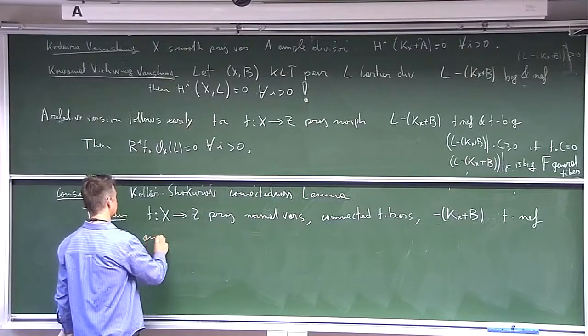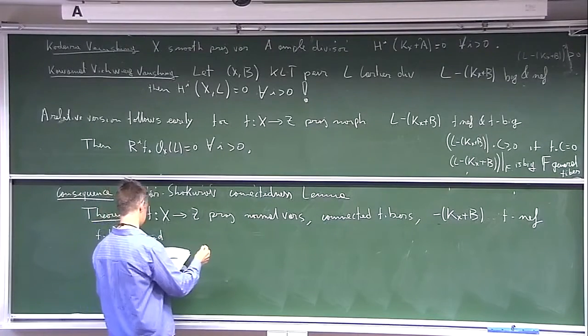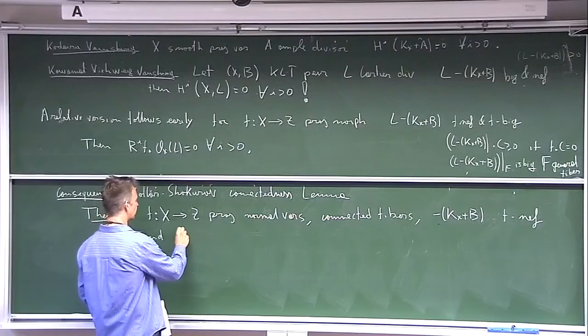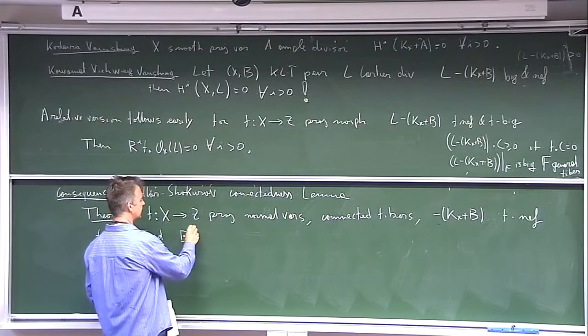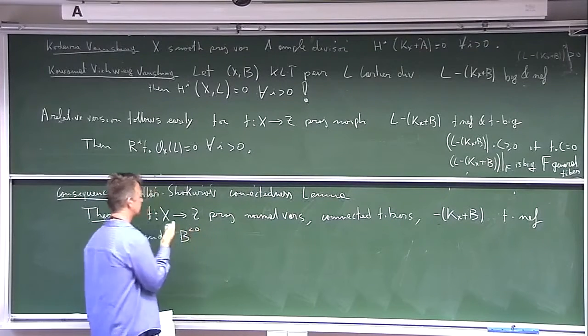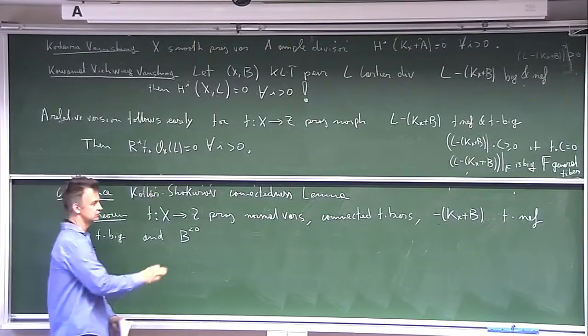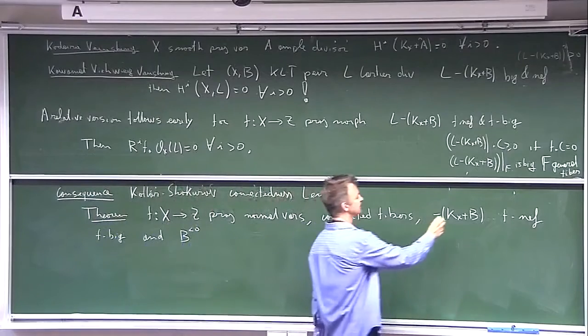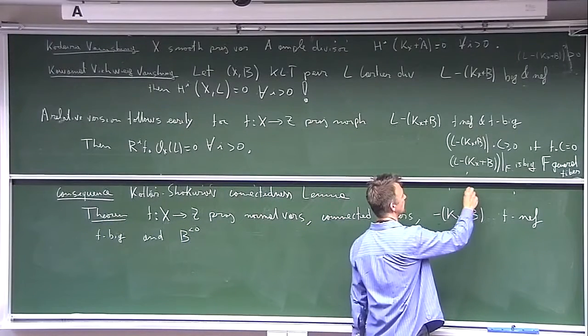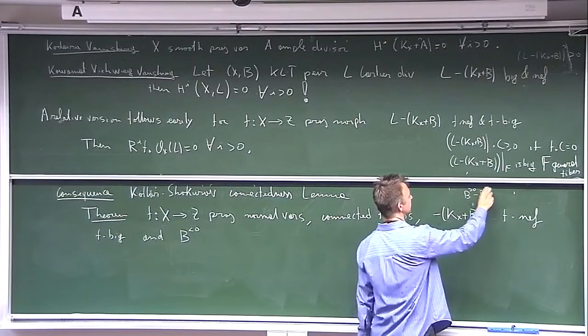And let's say every coefficient, so if I look at B, let me write B_{<0} for the stuff in B that has negative coefficient. Think of B as being B with positive coefficients minus B with negative coefficients.